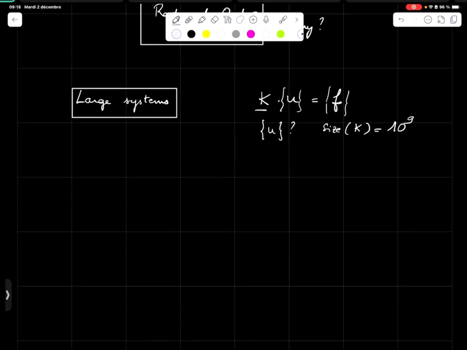So for large systems, you may want to have a smaller system which captures the essence, and again, that's not very well defined for now, of the big system.